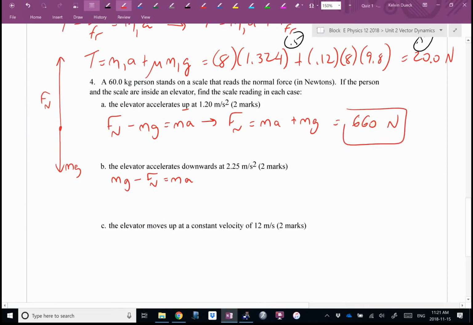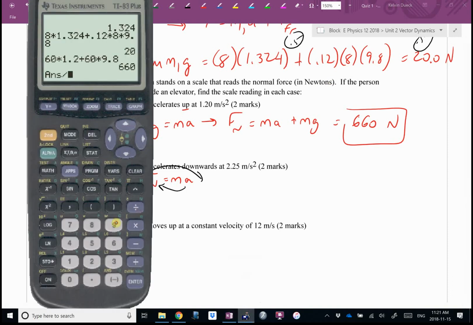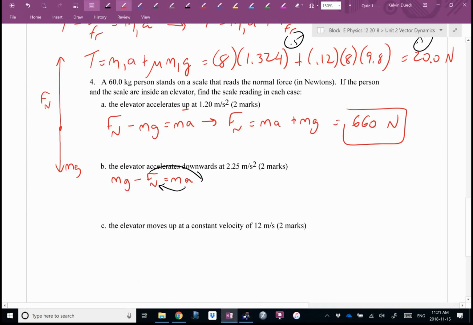For answer B, I'm going to do the swappy dance, plus the normal force over, minus that over. Scale that reads the normal force in what? But if you divided it by 9.8, the scale would read 67.3 kilograms, which means this person's feeling slightly heavier. Not much.